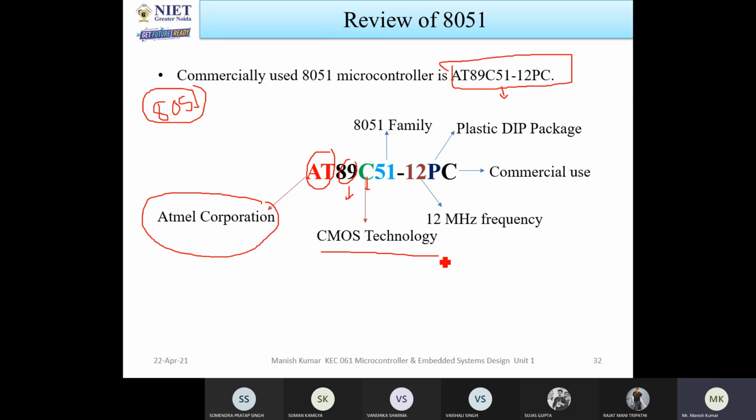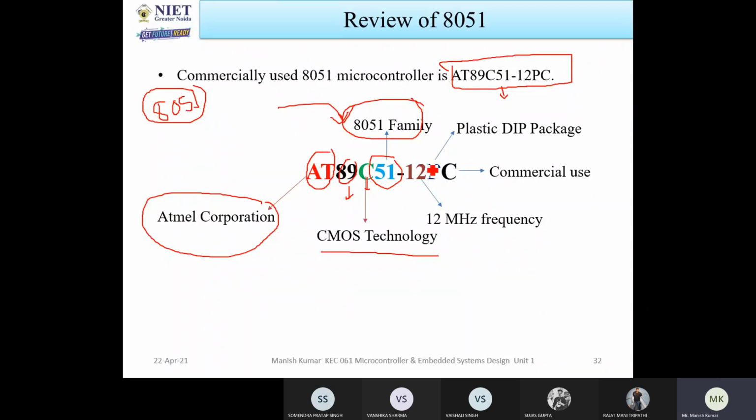All of you have already studied CMOS transistors, so this IC is manufactured on the basis of CMOS transistors. Now C51 indicates that this belongs to the 8051 family. It means the architecture of this microcontroller is 8051.